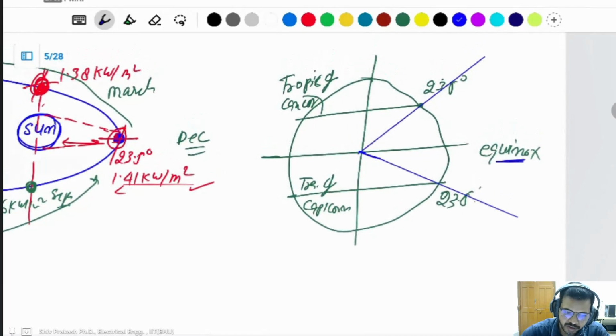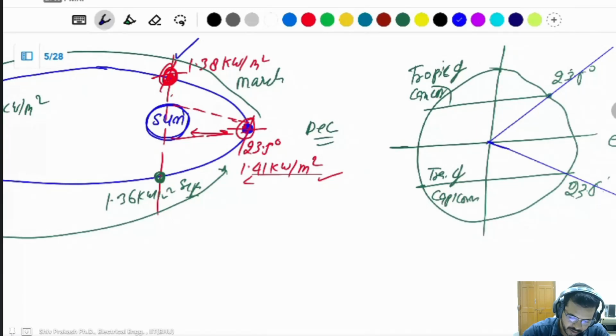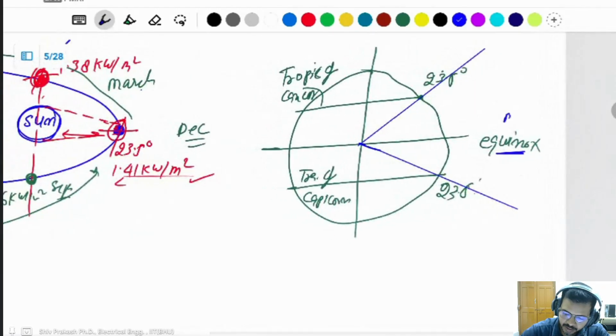At equinox, it will be the same equinox line. This one is March and September, and these two are December and June. The dates are, I think, 21st June and 21st December.